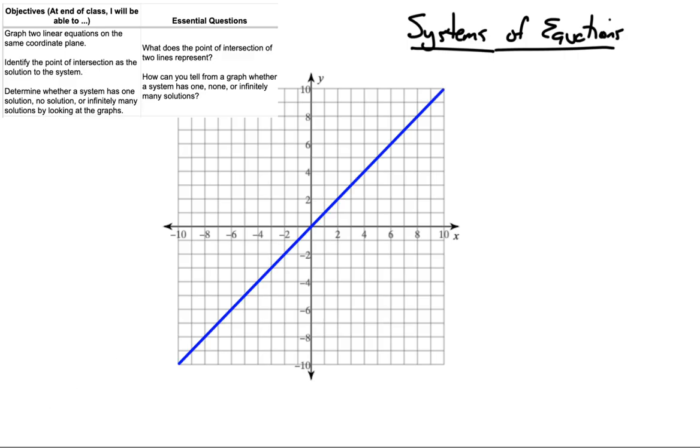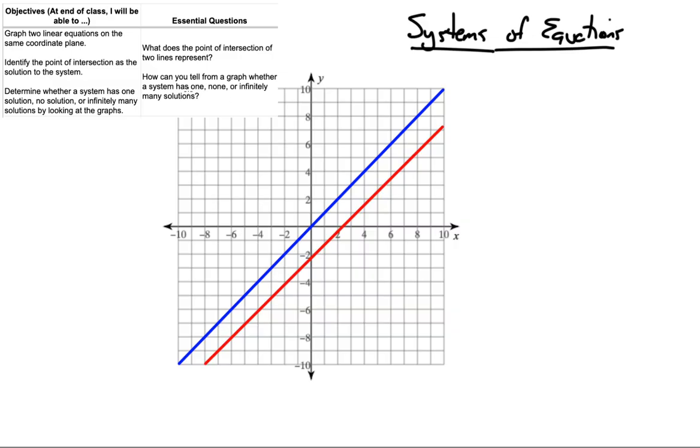And imagine if my red line looked like this. It went from here to here. Well, in that case, the solutions to these two equations are parallel lines. They never intersect. So in that case, there would be 0 intersections.